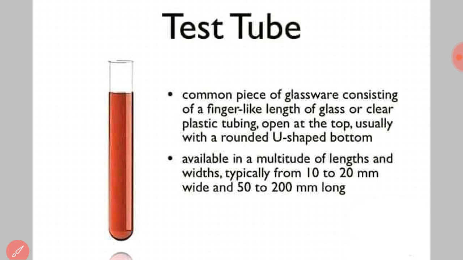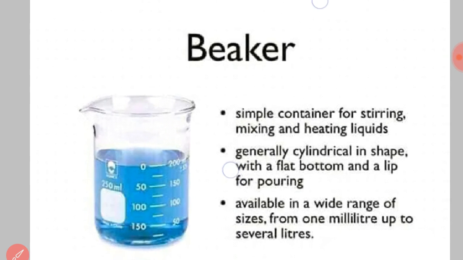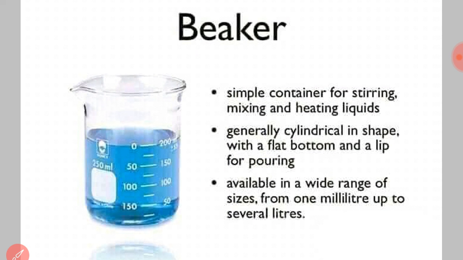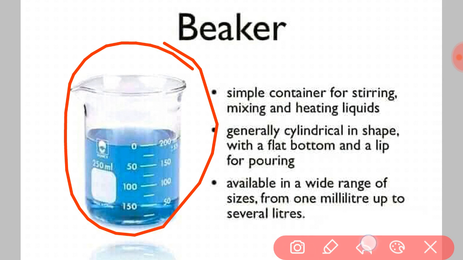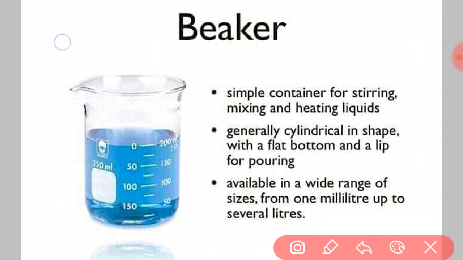Going to the next lab equipment, it is the beaker. See this is the picture of a beaker, and it is the second apparatus. It is a simple container for stirring mixtures and heating liquids. Generally, a beaker helps with stirring and mixing and heating liquid.